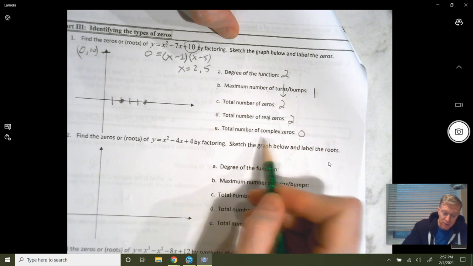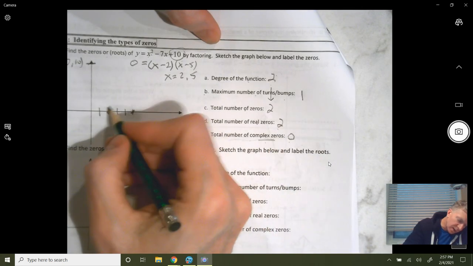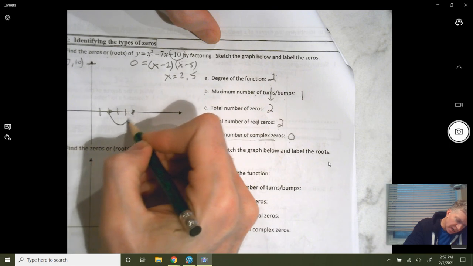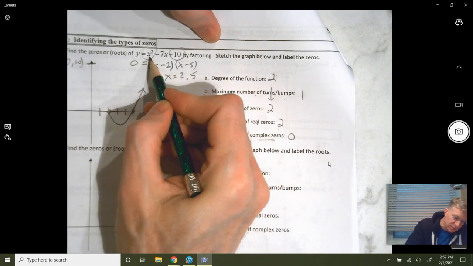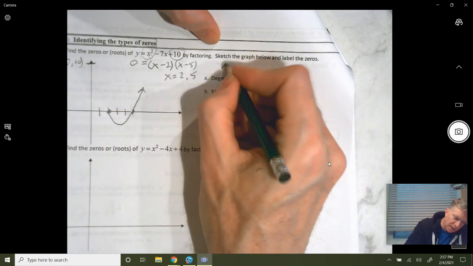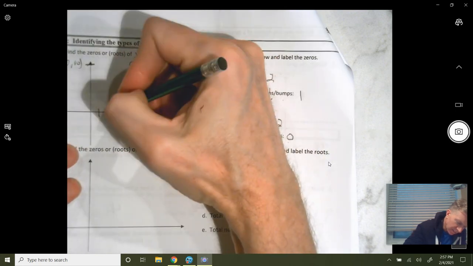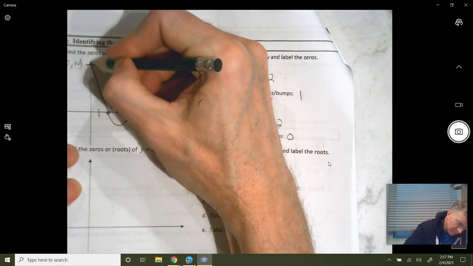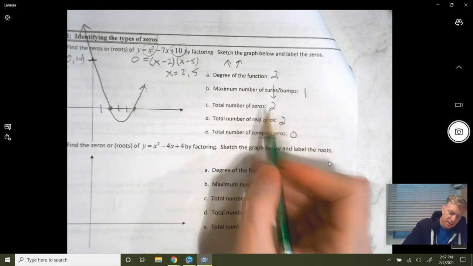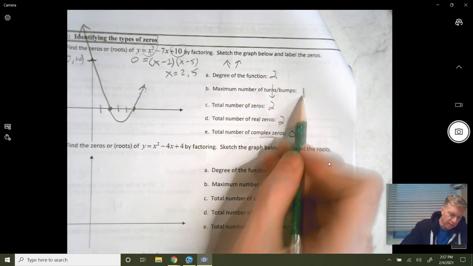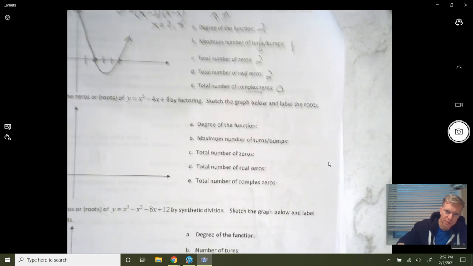Remember, the imaginary ones, the complex ones, will always come in pairs. Okay, so we can graph this. Because it's even degree and a positive lead coefficient, we know the end behavior is up and up. We also know we've got to pass through these 2 points and then pass through the y-intercept. Okay. Second degree, so at most 1 bump, and there's our 1 bump, or turning point. Let's look at the next one.